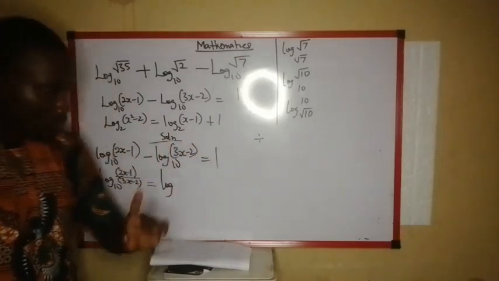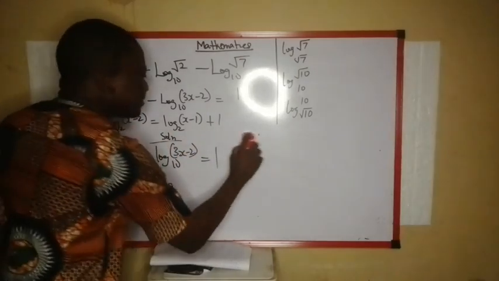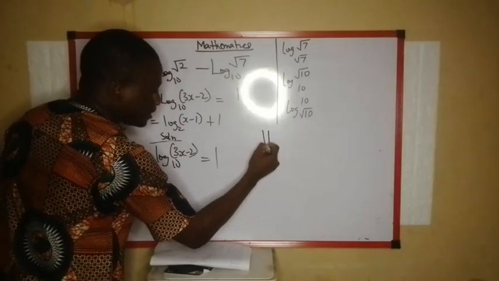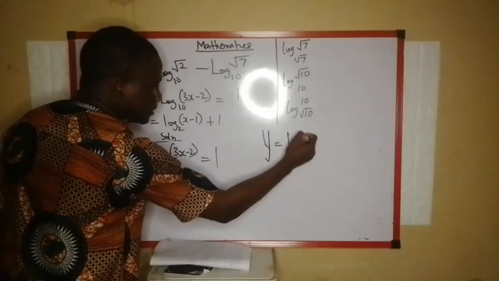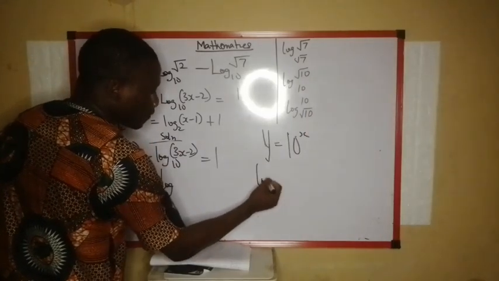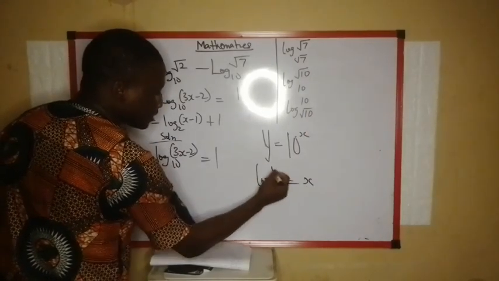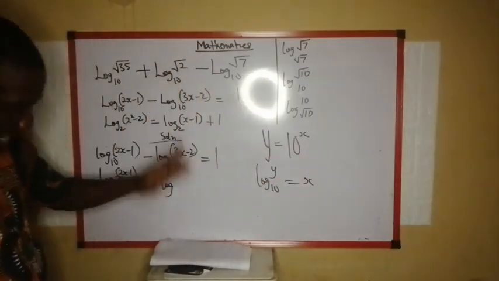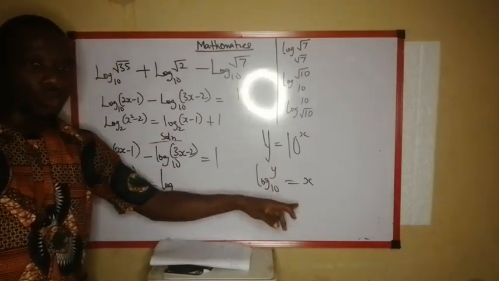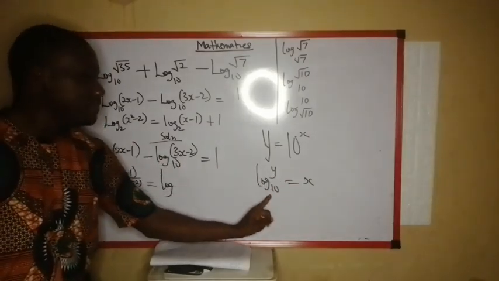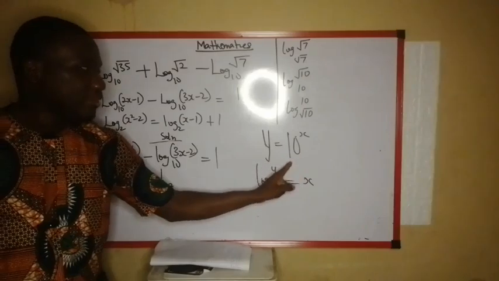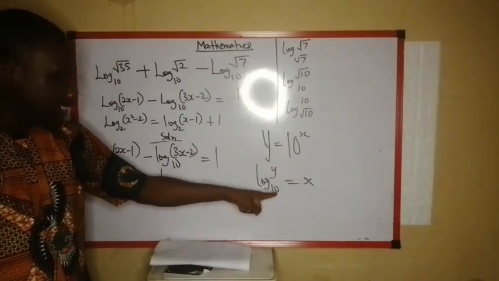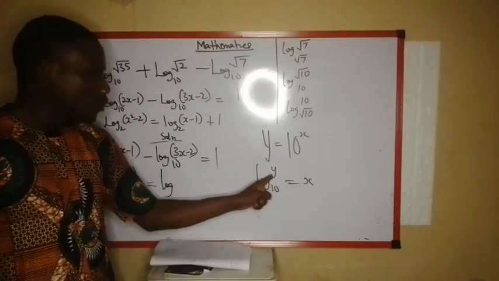Like I said, every time I always say this, that y equal to 10 raised to power x implies that we have log y base 10 equal to x. That means this 10 lifted this x up. Like you see here, 10 raised to power x, this 10 lifted this x up and is equal to y.